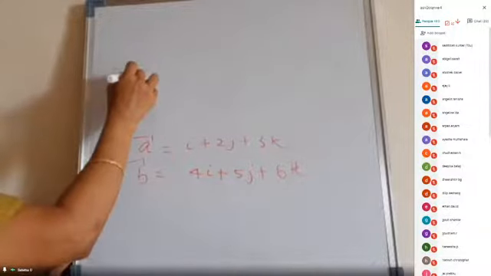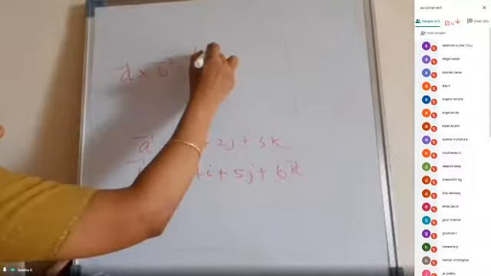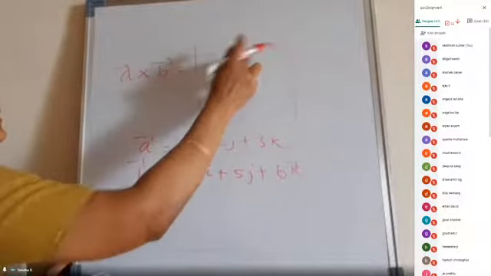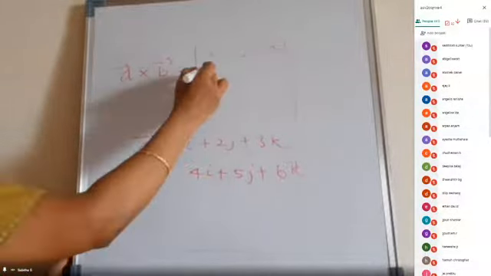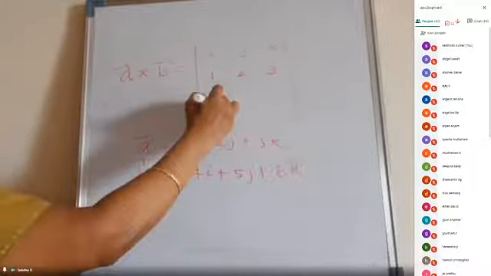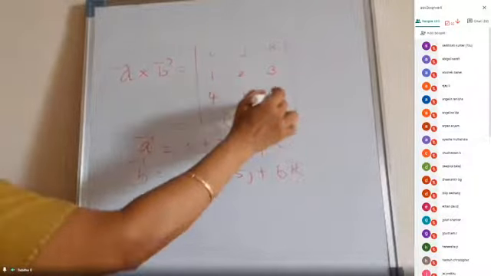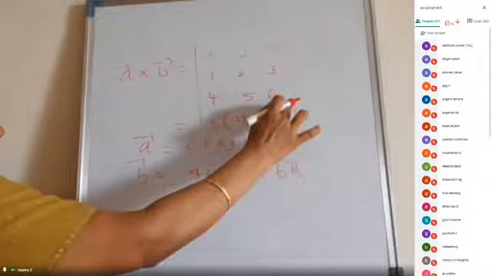Listen, children. A cross B is in determinant form. i, j, k in the first row, second row 1, 2, 3, third row 4, 5, 6. You all know how to expand. i of 12 minus 15. Then positive, negative.